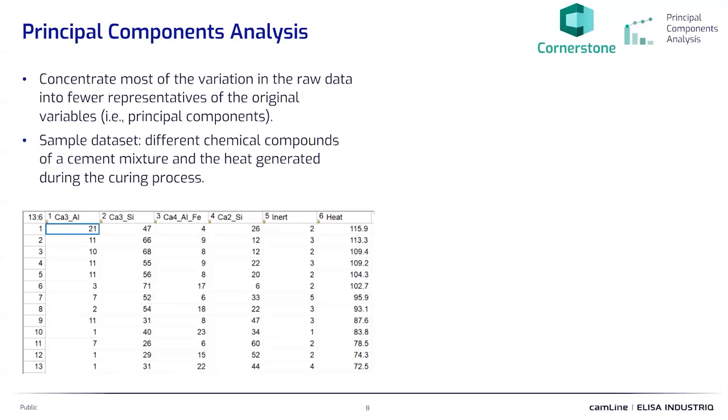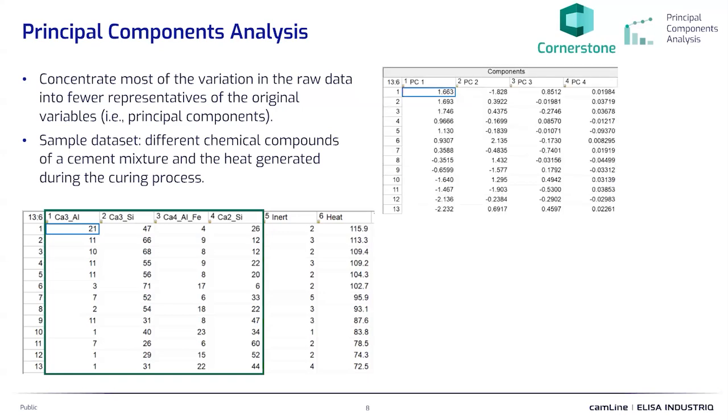In this data set, the first few columns include the chemical compounds and some materials in this cement mixture. The last column is the heat generated during the curing process, which is a hydration process in cement. I will do a principal component analysis on the first four columns of data. The result in Cornerstone will be four principal components, or PCs, corresponding to the four original variables.